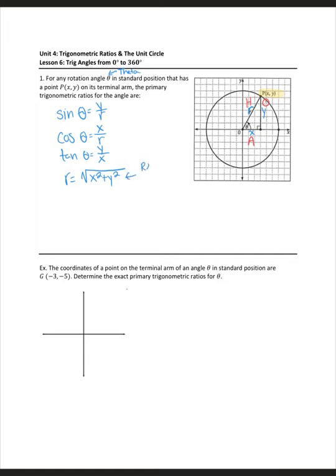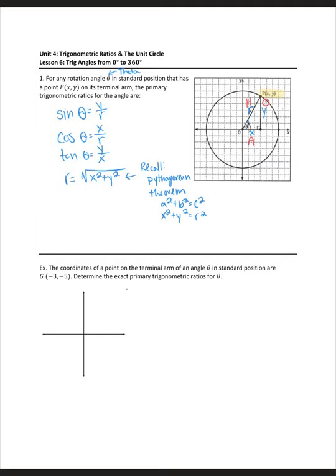So recall Pythagorean theorem is a squared plus b squared equals c squared. So if we wanted to plug in those values we know for our side lengths and our hypotenuse, we would say x squared plus y squared equals r squared.